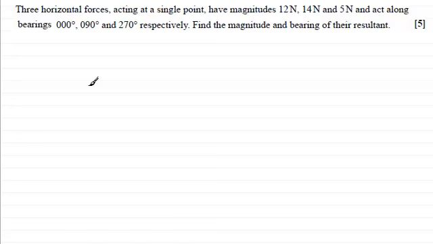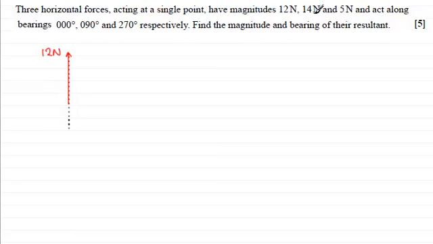Well, first of all, I'm going to draw a diagram and we'll have north, say, up the page here. So we've got 12 newtons acting upwards on a bearing of 000 degrees.